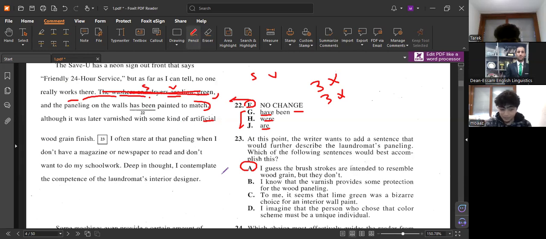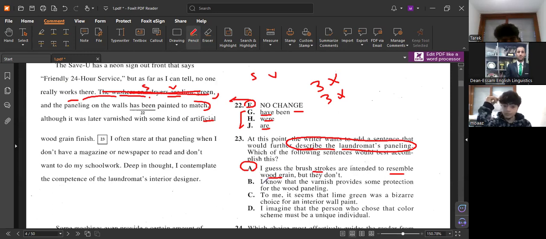Sure. Because the question tells you to describe the paneling. Describe. So which one describes? I guess the brush strokes are intended to resemble wood grain, but they don't. So we describe how it looks. You feel it? That's why. So let's say letter A, because it tells you in the question what it means. That's all. So your answer is in the question.